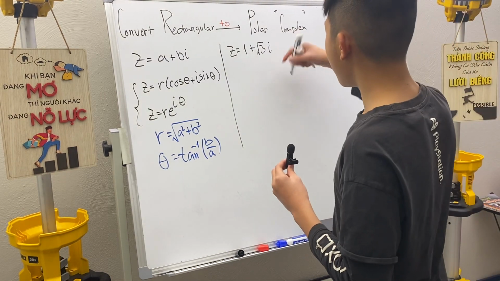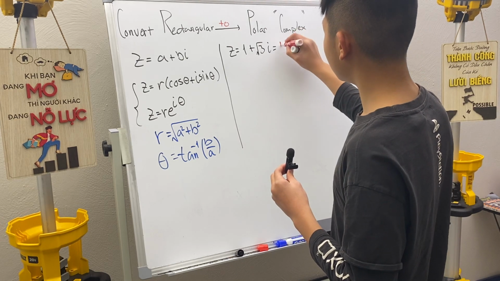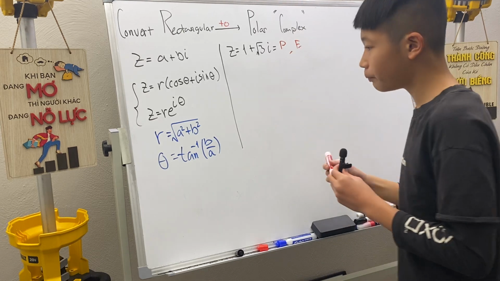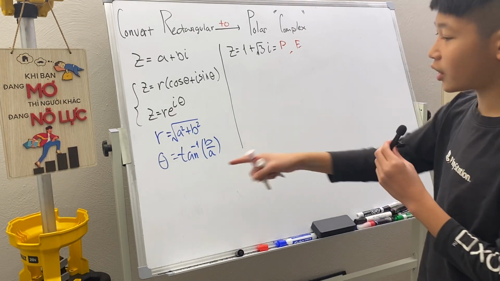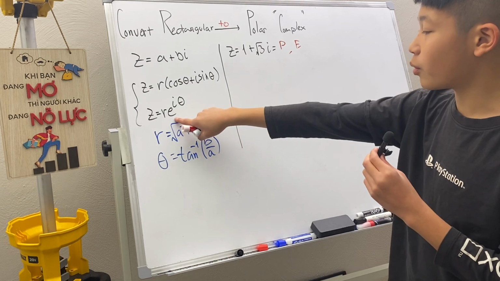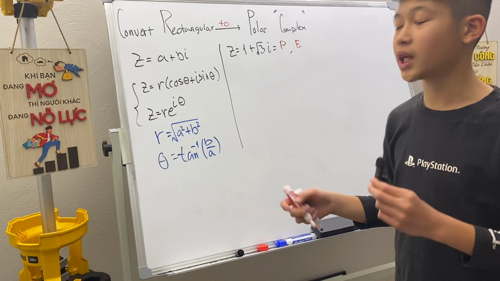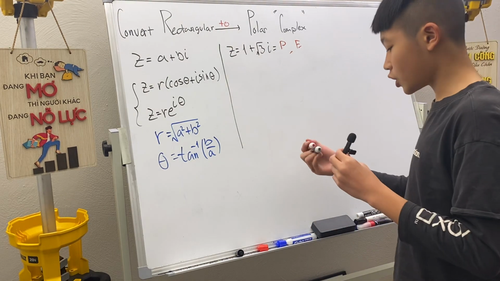To make it polar form and Euler form, we do the following. Euler form, pronounced like 'oiler', not 'yooler'. So this is what you've got to do.